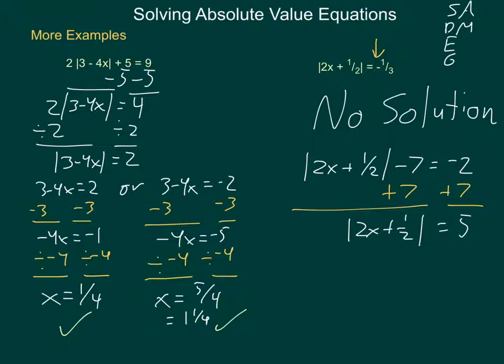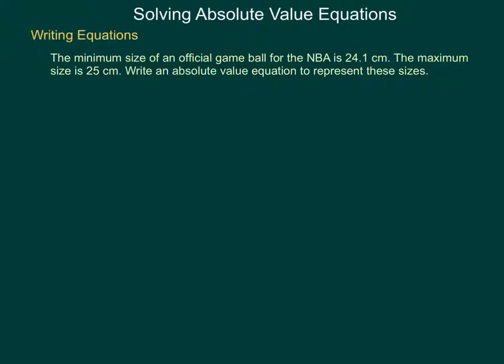Now let's take a look at some more interesting cases. Writing equations. The minimum size of an official ball for the NBA is 24 1/10 centimeters. The maximum size is 25 centimeters. We need to write an absolute value equation to represent these sizes.